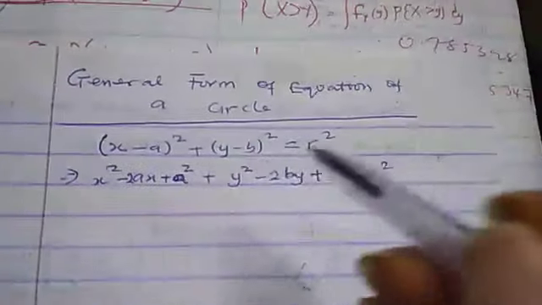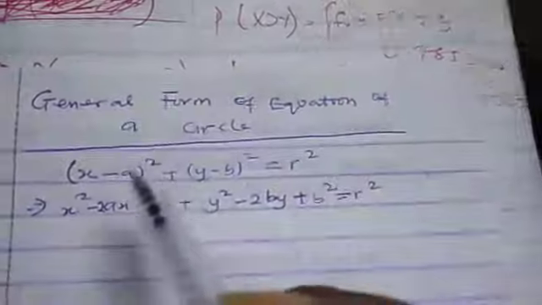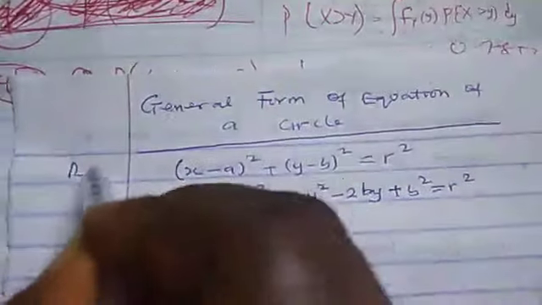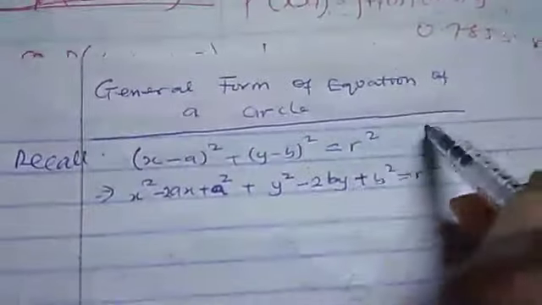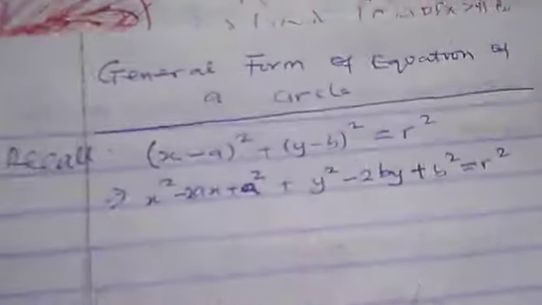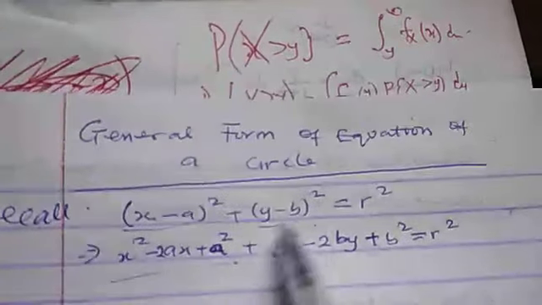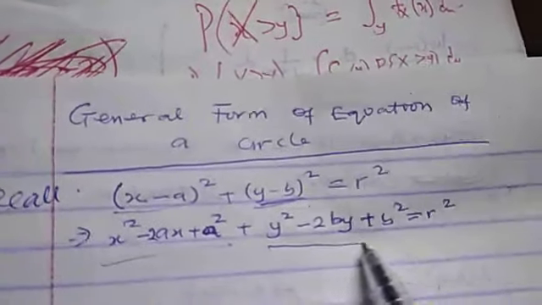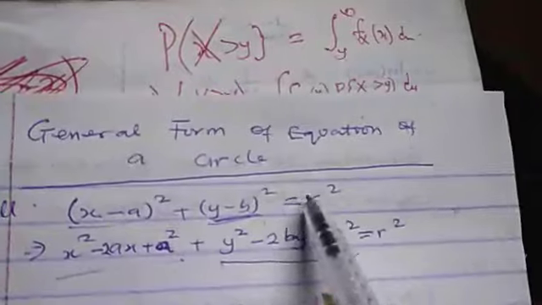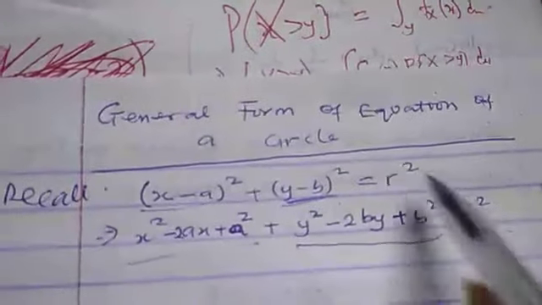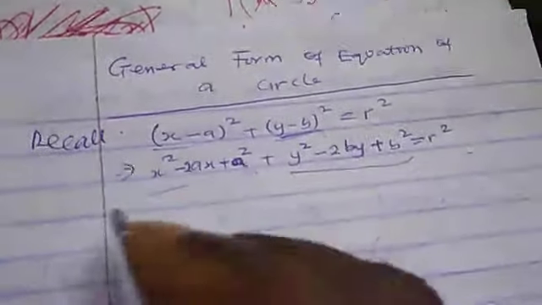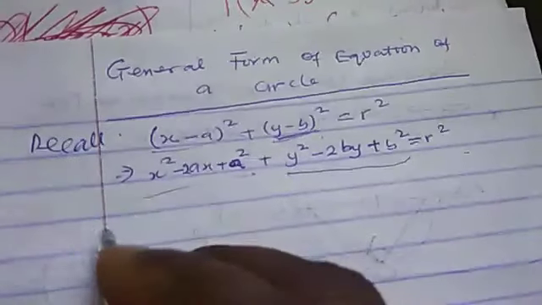The general form of the equation of a circle is given as this. So we recall this, that this is the equation of a circle. Now if you expand this first one, you will get this. If you expand this one, you will get this. So go and learn how to do that. Equal to r squared. Now, as usual, how do we express a circle?